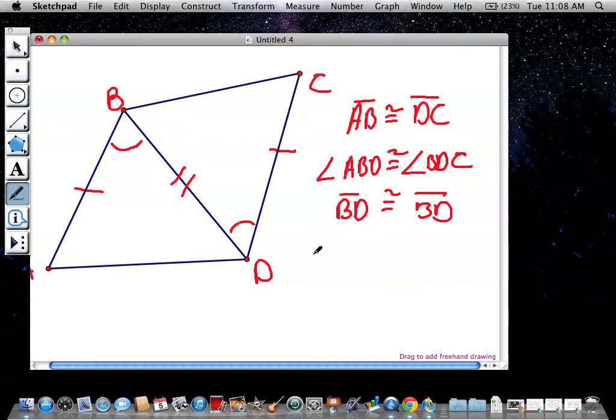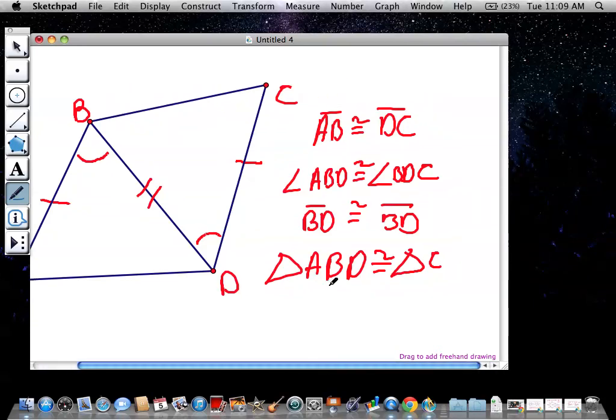Side angle side, so triangle ABD is congruent to triangle, A pairs up with C, B pairs up with D, and then that leaves B. Okay?